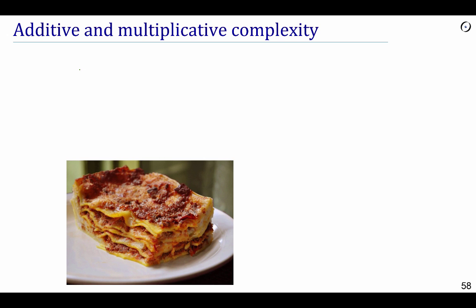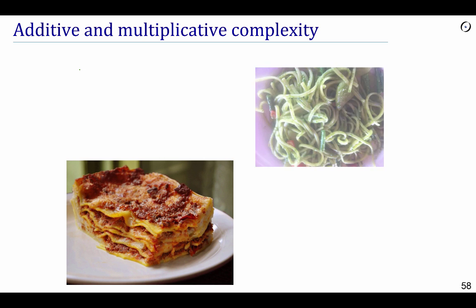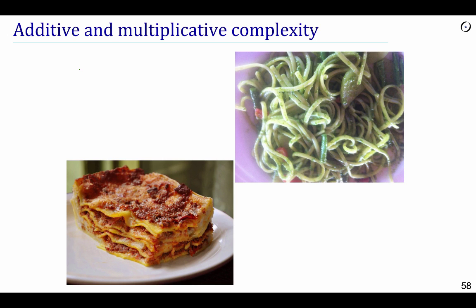So to be more precise, it depends on the kind of system that you have, and here we can talk of two kinds of complexity: additive complexity and multiplicative complexity. We can also talk in more culinary terms of the lasagne kind of complexity and the linguine kind of complexity. These, of course, are only metaphors, but I think they carry the idea well.